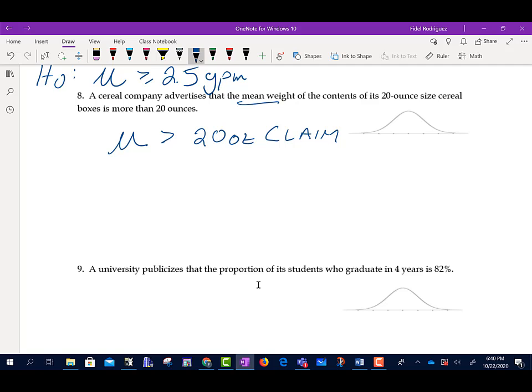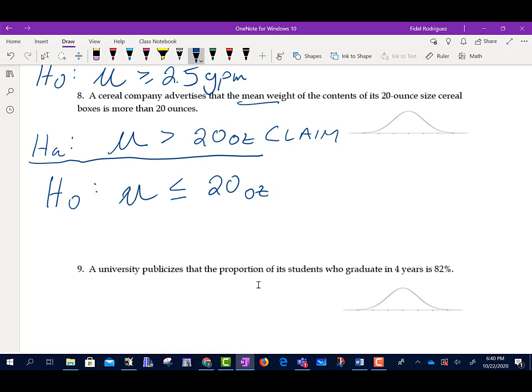So again, this here is going to be my HA because I don't have an equal to. So then my H0 is going to be mu is less than or equal to 20 ounces. Okay. So again, we have our HA, we have our H0.